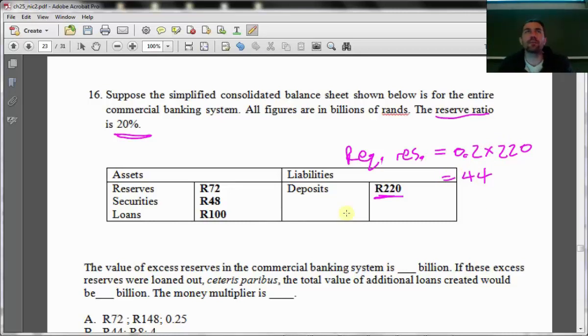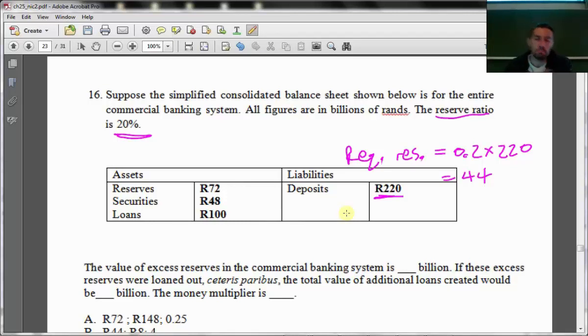Everyone happy with that? How much do we have on reserve? 72. And how much do we need? 44. So how much do we have extra? 28.